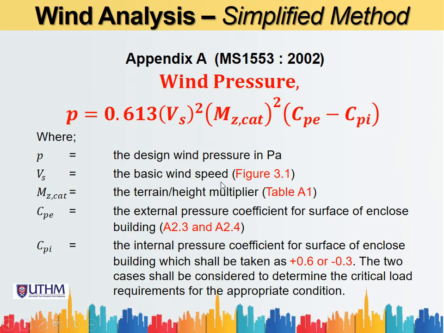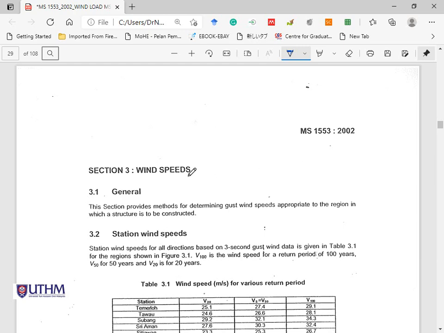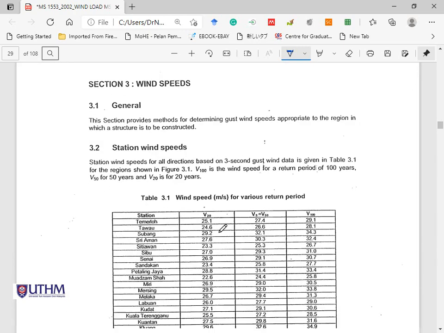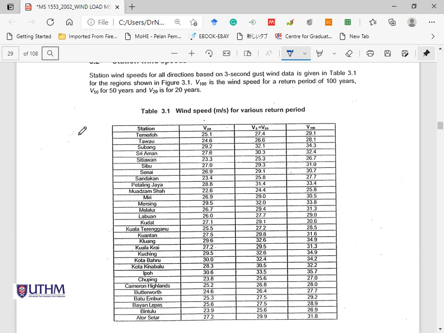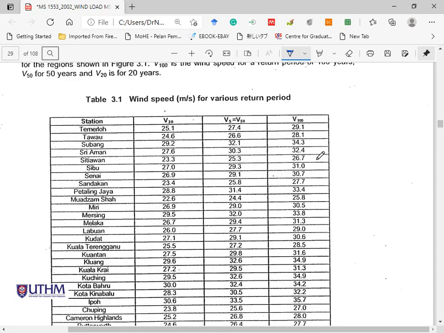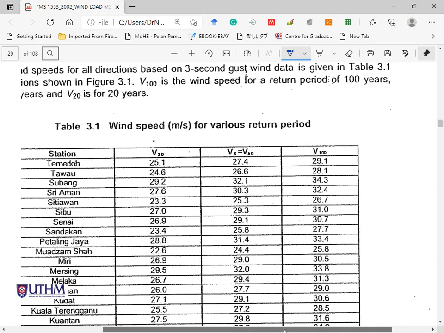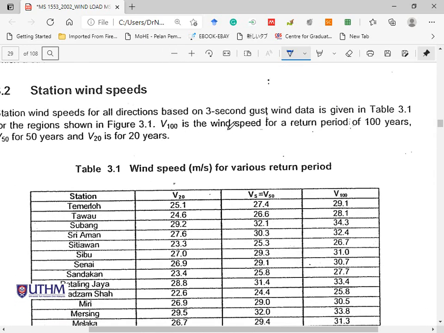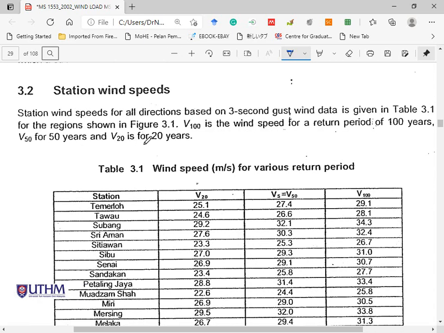The basic wind speed refers to figure 3.1, which in the Malaysia Standard is at page 19. This is section 3, wind speed, where you can find table 3.1. Table 3.1 depends on the station and on V20, V50 and V100, which are the wind speeds for return periods of 100 years, 50 years and 20 years.